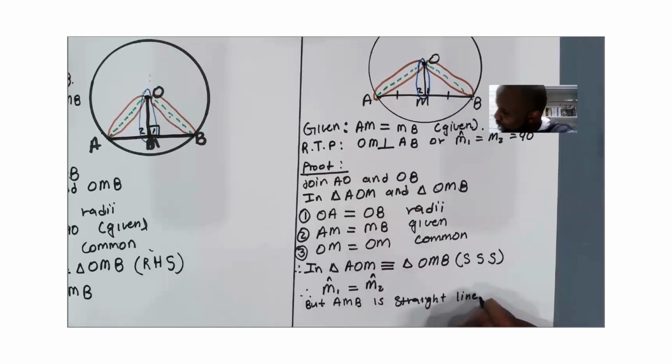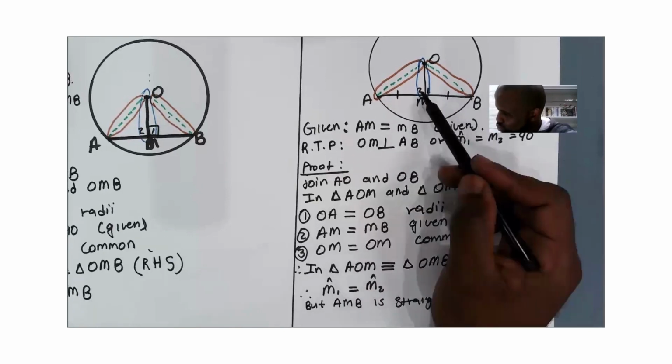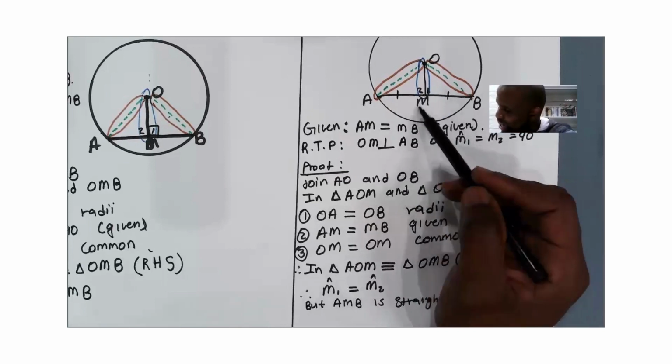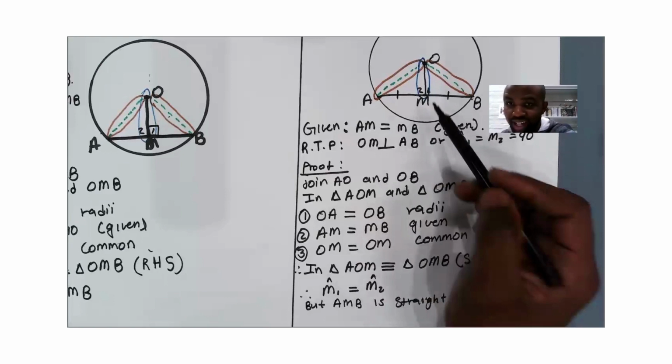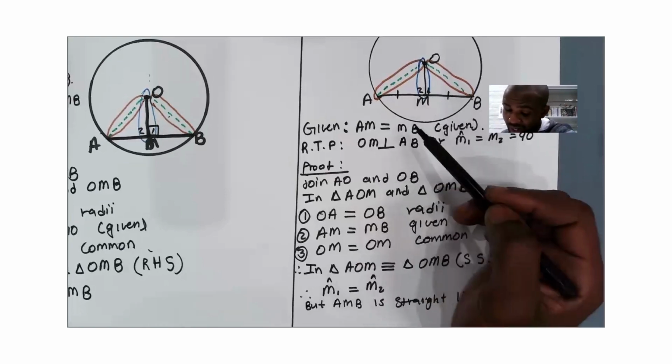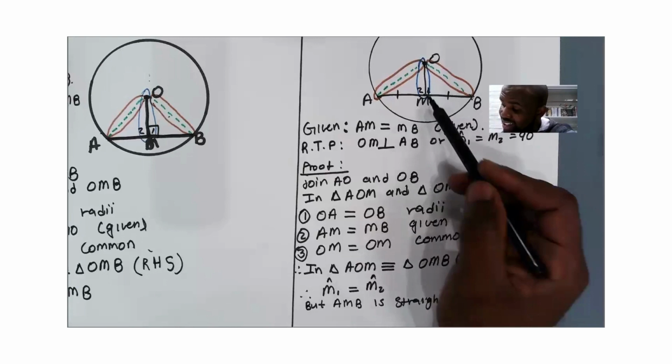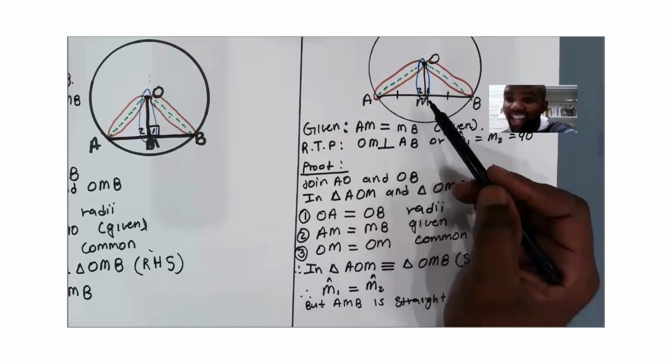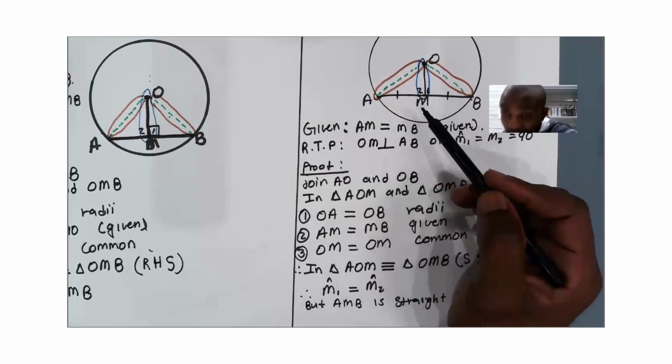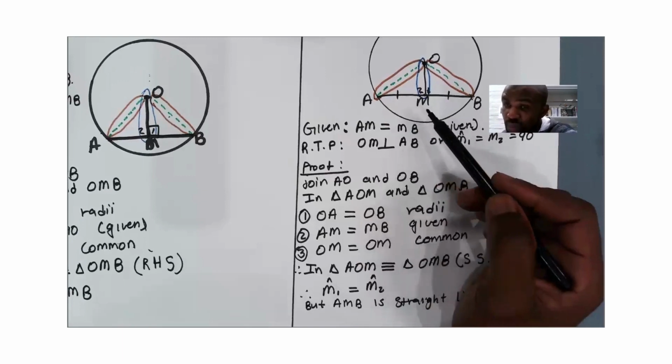So if M1 and M2, my angles are on a straight line, but at the same time, M1 and M2 are equal. Remember, these things when added together have to give us 180. Angles on a straight line add up to 180. So they must each be 90.